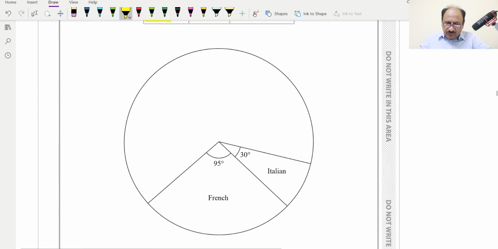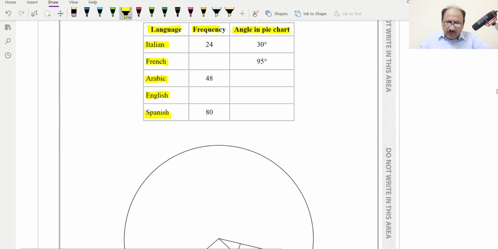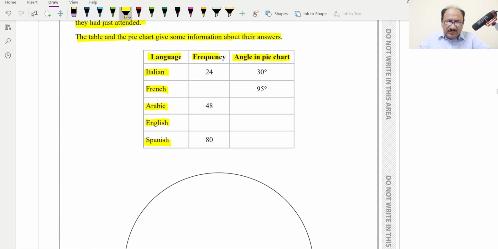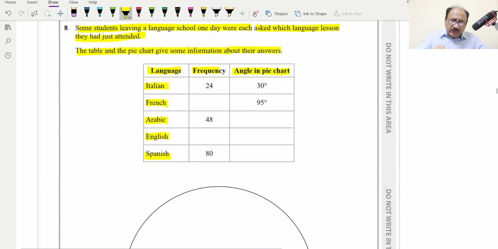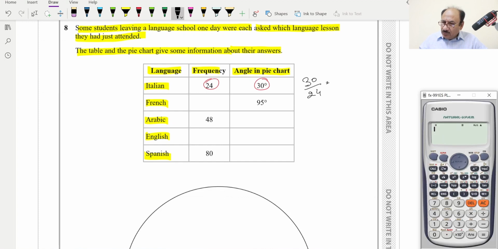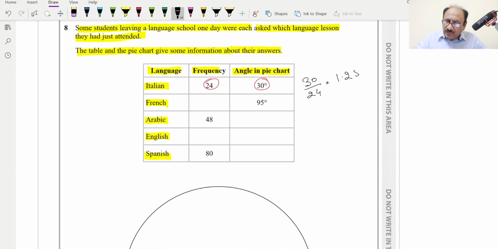So French, first of all, we have to work out. We can check from the data given, which is 24 frequency, and for 24 frequency the angle in pie chart is 30. So we can check 30 divided by 24, which is equal to 1.25.